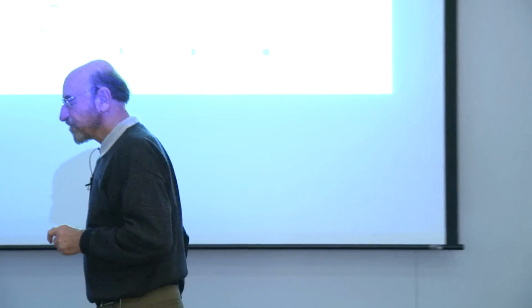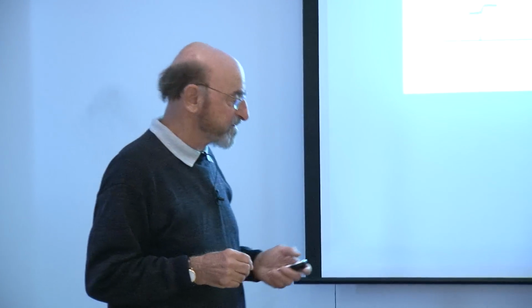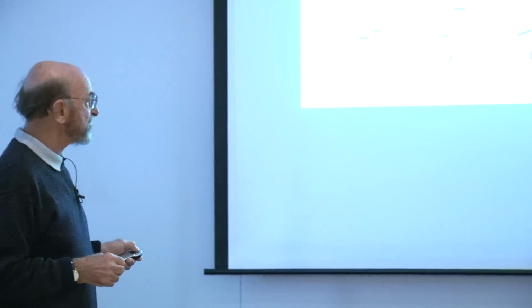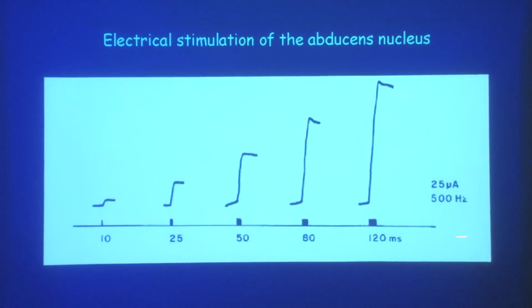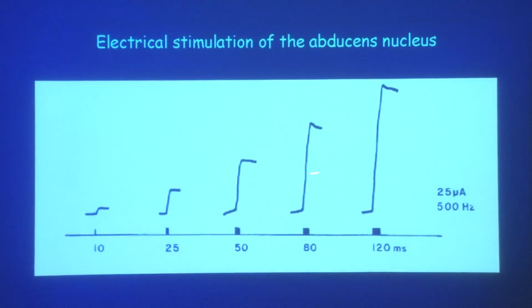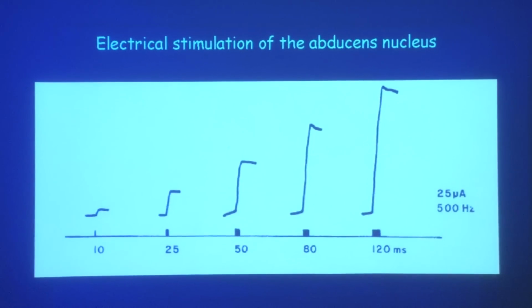But before I do, I want to make one more important point. If you take a microelectrode and you put it in one of these nuclei that controls the final common path, and you stimulate there at a high frequency, in this case 500 hertz, and increase the duration of the stimulation, you get progressively bigger saccades, which proves with the stimulation that it's indeed the duration of the high frequency burst that defines the size of the saccade that you elicit.